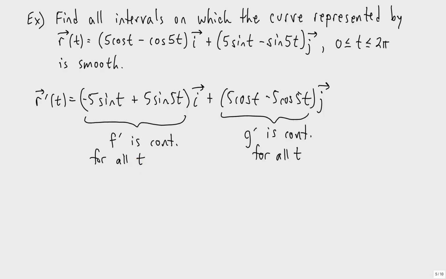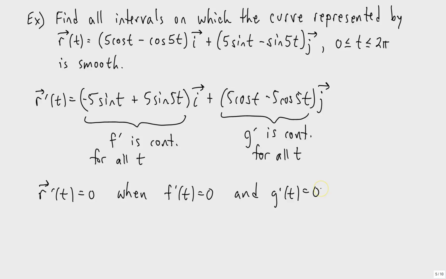But now we need to see when the derivative would be 0. Well, the derivative would be 0 when f prime of t equals 0 and g prime of t equals 0.